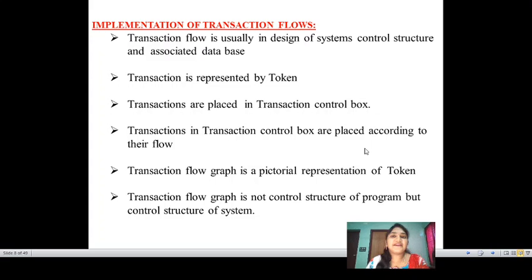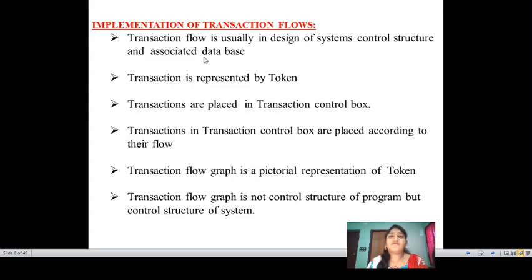So next, implementation of transaction flows. How is the transaction flow going to be implemented, what decisions are used, what processes, and what steps are to be taken to implement those transaction flows. First, the transaction flow is usually in the design of the system control structure and the associated database.